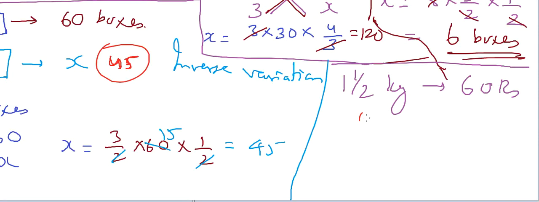Say there are two persons coming, A and B. A buys 3 boxes, and he pays 180 rupees.